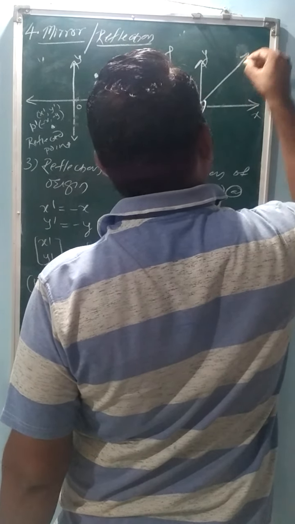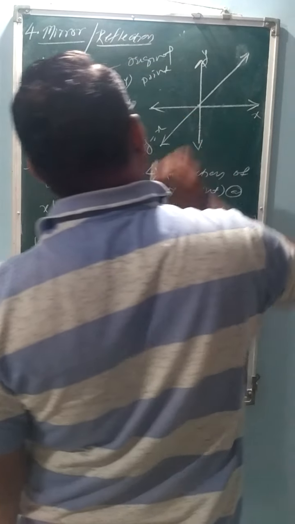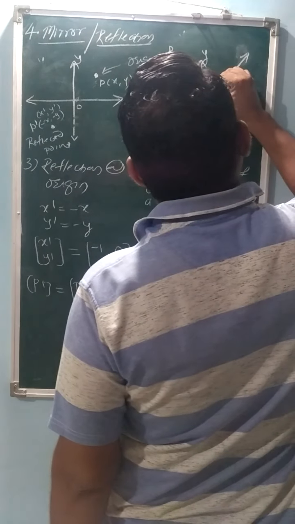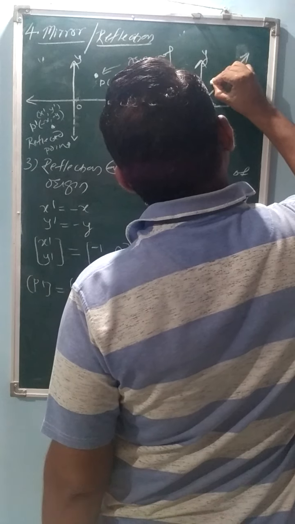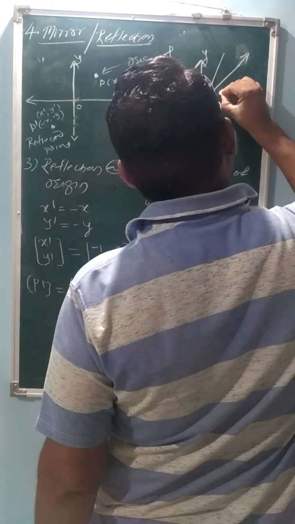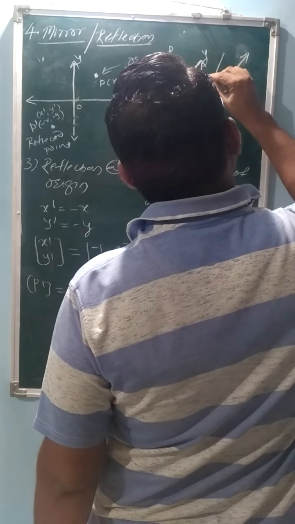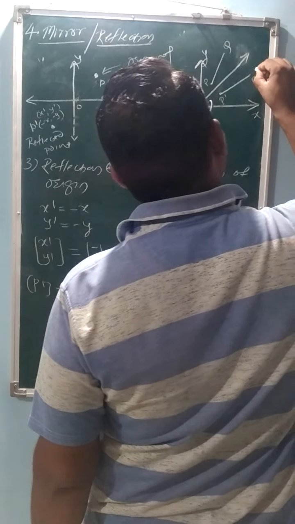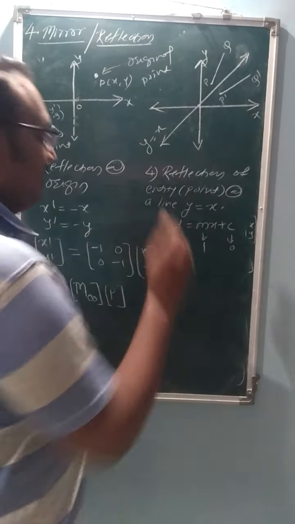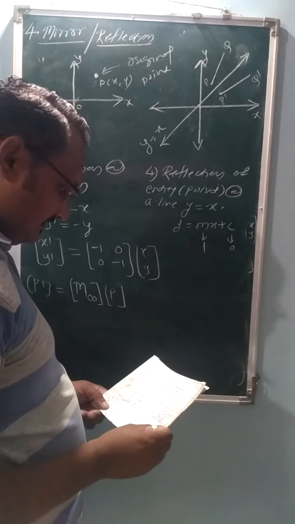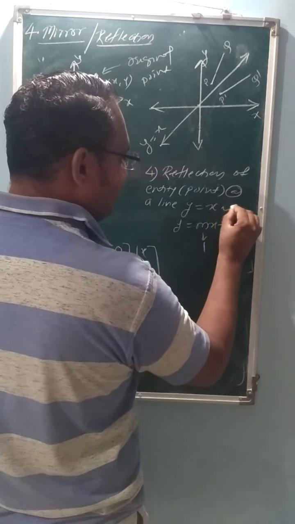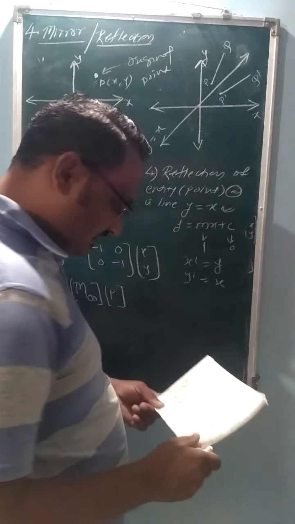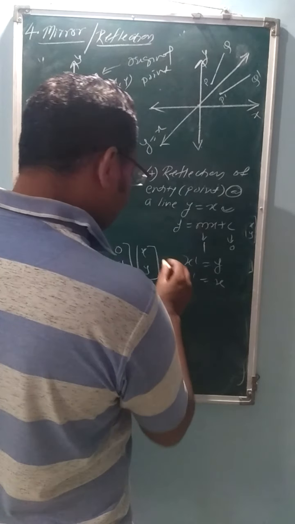This is the line having equation y is equal to x passing through the origin, and we are going to reflect a line or entity about this particular line. This one is the original line, and this one is the reflected line. Now for this, the conditions from this equation are x dash equals to y and y dash equals to x.